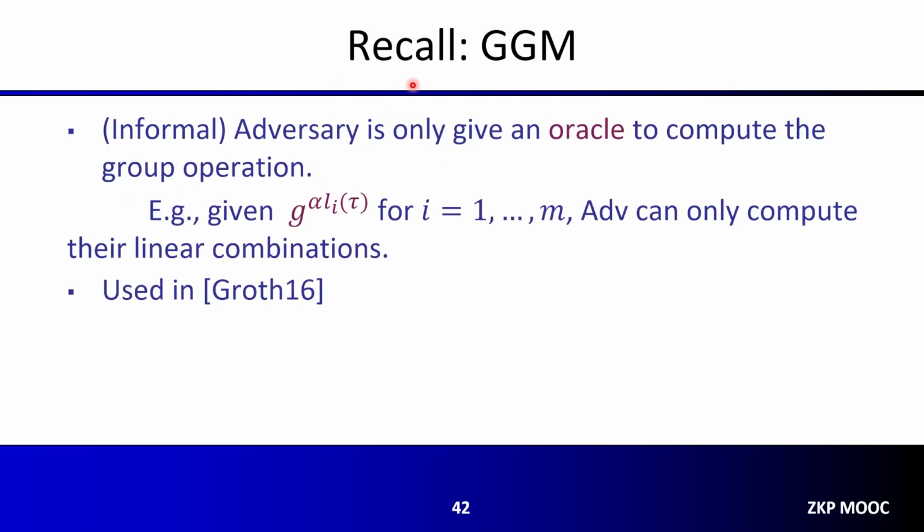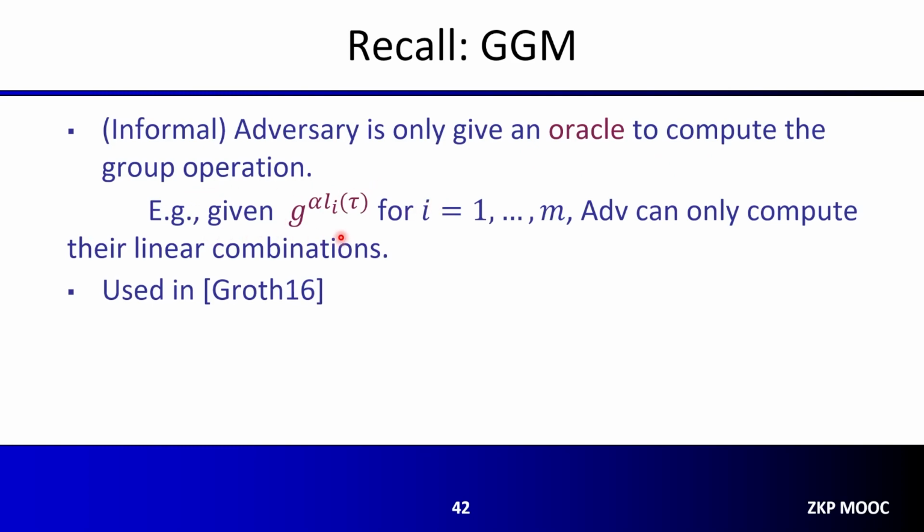Another solution, again discussed in the KZG polynomial commitment, is called the generic group model. So here we don't need to do any additional check. This is a different model, and informally speaking, the adversary is only given an oracle to compute the group operations.